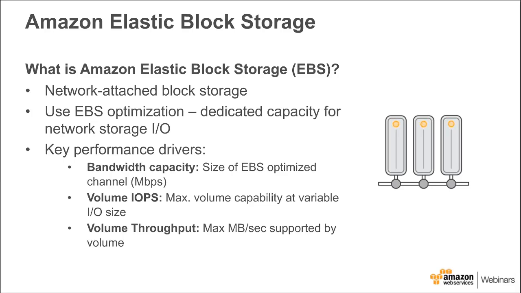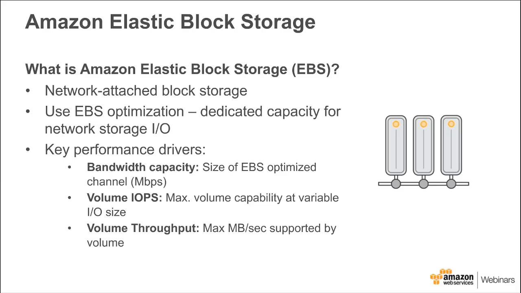In AWS, there are two main categories of block storage. The most pervasive being EBS. This is network attached block storage. Over the years, feature enhancements to this service have brought it to the point where performance can exceed that of typical direct attached storage in many cases, while offering better data durability.